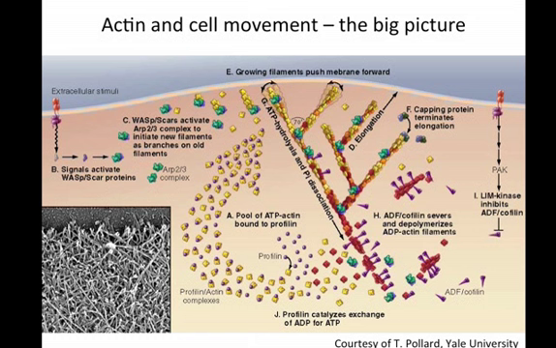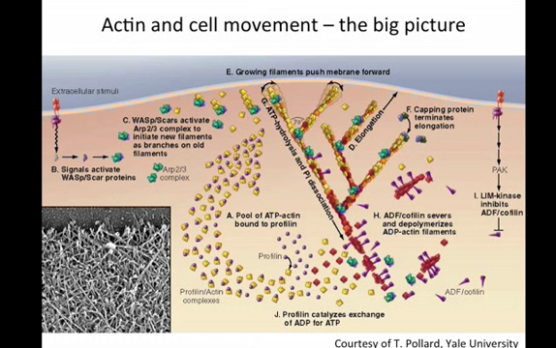ARP will become activated, it will bind to the sides of actin filaments, and then it will promote elongation. Then the growing filaments are pushing your membrane forward, and then you're going to have disassembly, capping proteins. Then you'll have disassembly of the older actin.